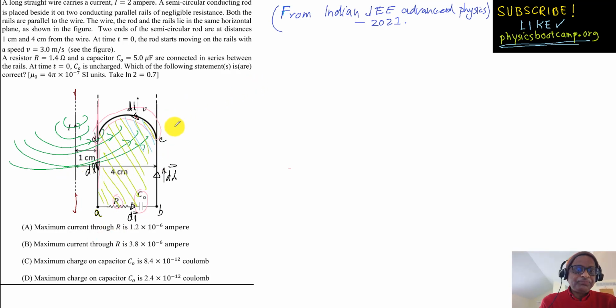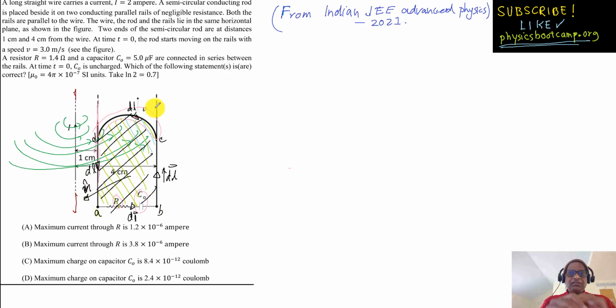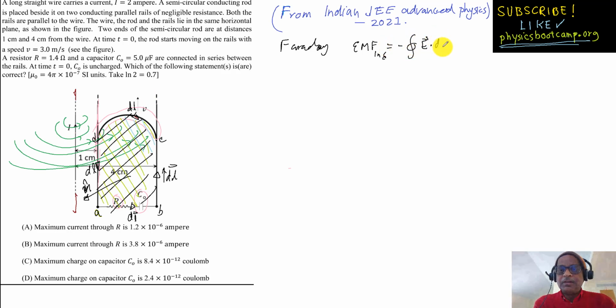So if I do the dl, then the normal of this loop will be perpendicular in that direction because of the right-hand rule. So the Faraday law, you may remember, is that the induced EMF in this loop is equal to minus the integral of E dot dl.